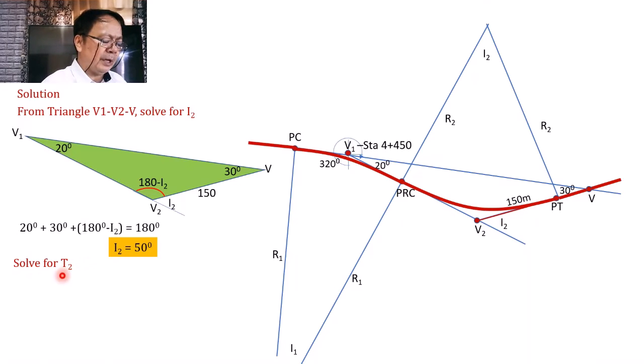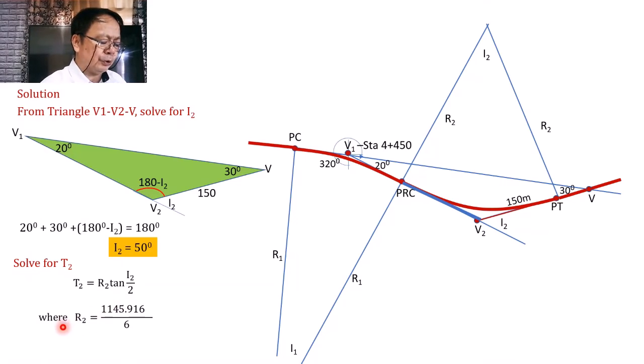Knowing that the formula is T sub 2 equal to R sub 2 times tangent I sub 2 over 2, where we have just computed I sub 2, that is equal to 50. We just need to compute for R sub 2 given that D sub 2 is equal to 6 degrees.